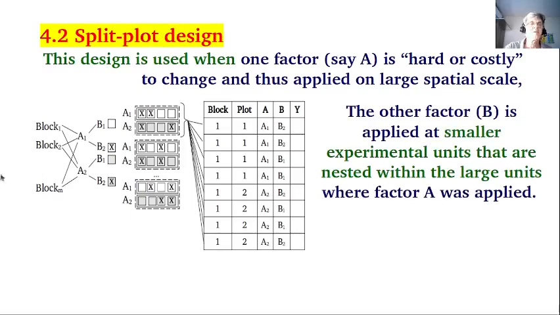So here we have a given block in dashed lines, and we have a given level of A1, here denoted by the long continuous line, to which we applied the level A1, and these are the smaller experimental units in which we apply the other factor B, that are applied to smaller units that are nested within the larger units in which factor A was applied. I recall that the blocking part here is completely optional.